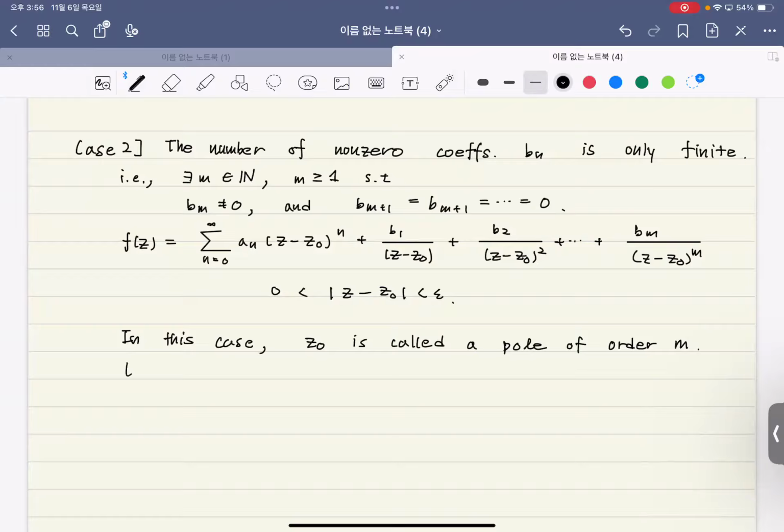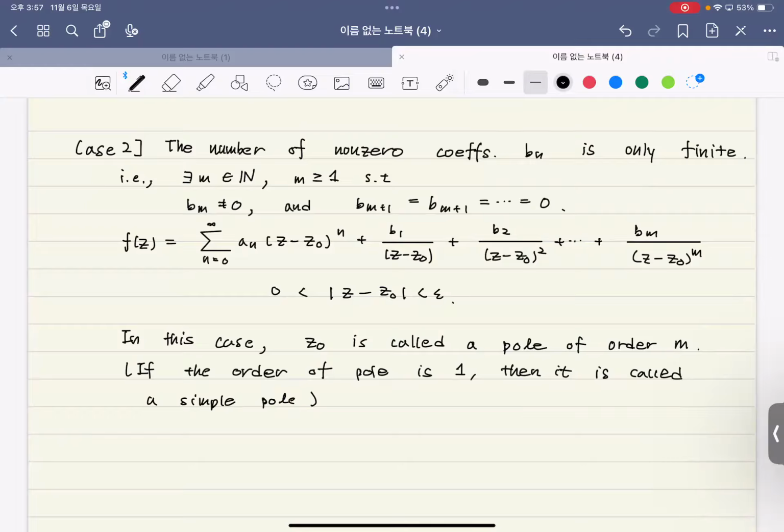And if the order of your pole is 1, then it is called a simple pole. So this is the second case.